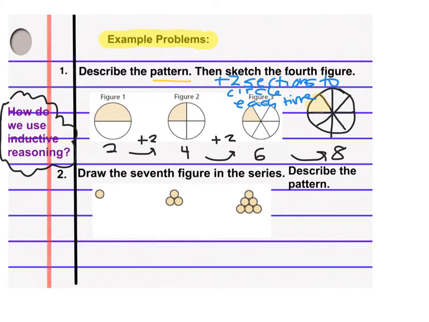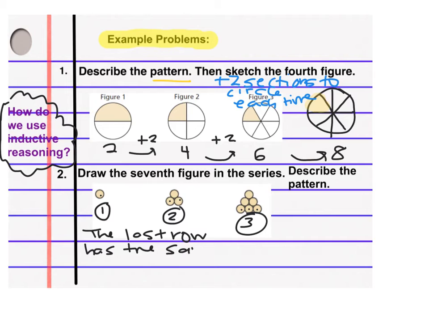I notice the bottom row: here the bottom row has 1, the next has 2, and here the bottom row has 3. So to describe the pattern, I would say the last row has the same number of circles as the figure number.